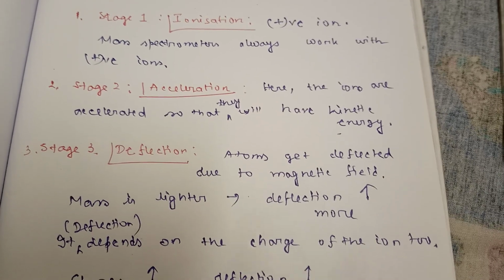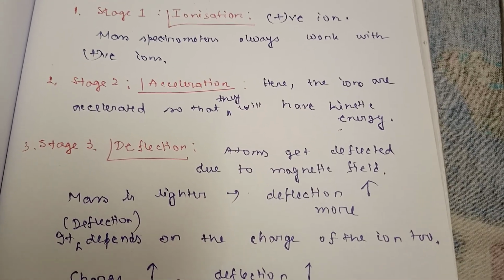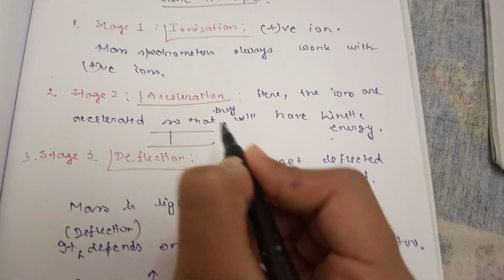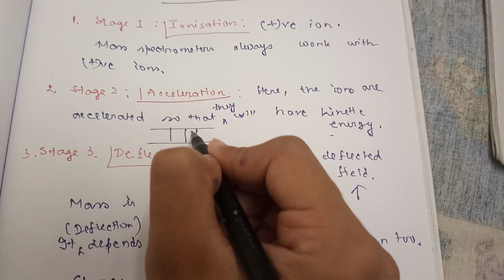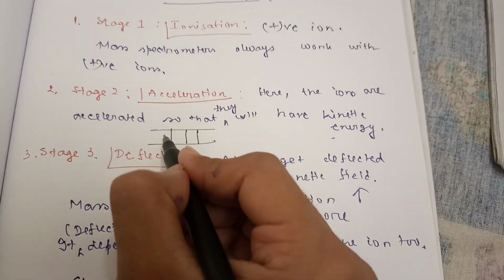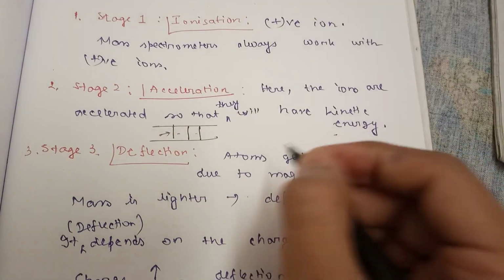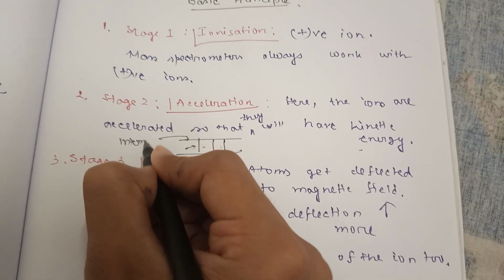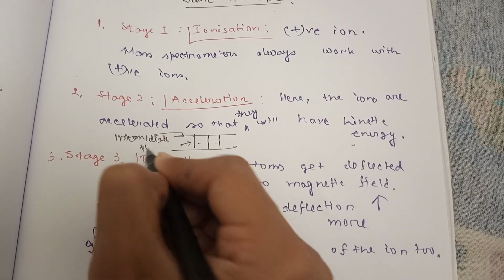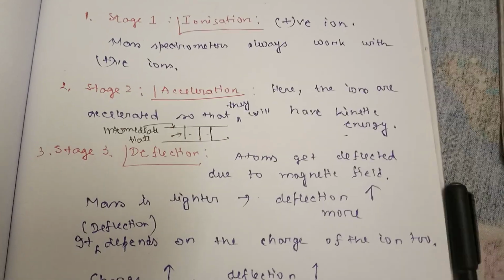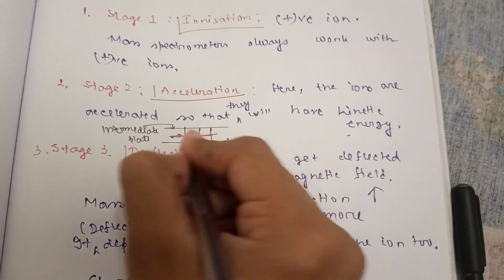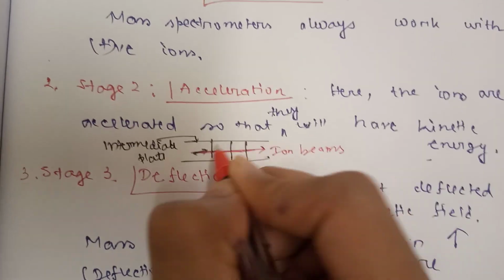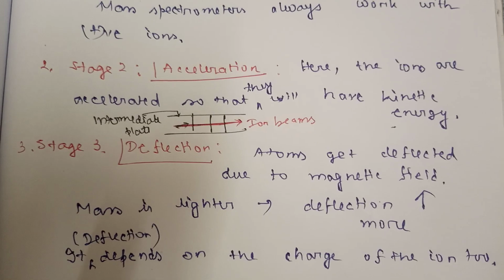The ionization chamber is positive, so positive ions will be repelled away, and there will be so many slits here, like 3 slits, with some different voltages. This is the intermediate plate, and the ion beam will pass like this through the slits.